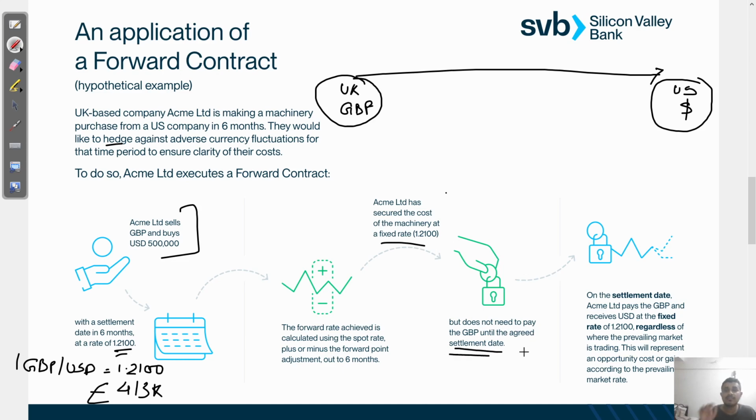You have to understand, forward contracts are not settled daily, right? Forward contracts are settled on the settlement date.